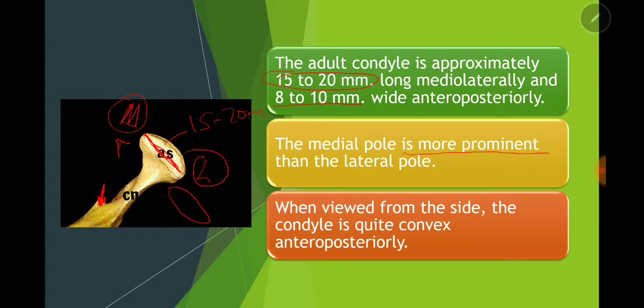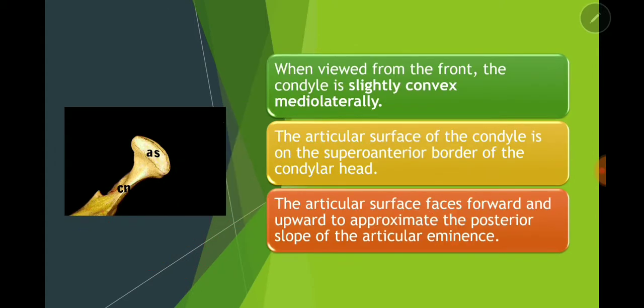When viewed from the side, the condyle is quite convex. Make sure you remember that. Anteroposteriorly, the condyle is convex.